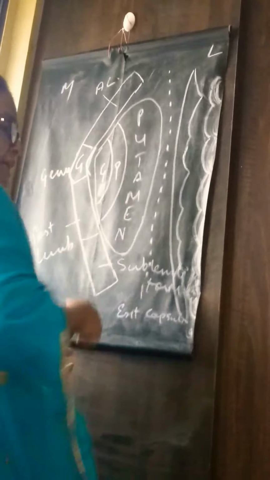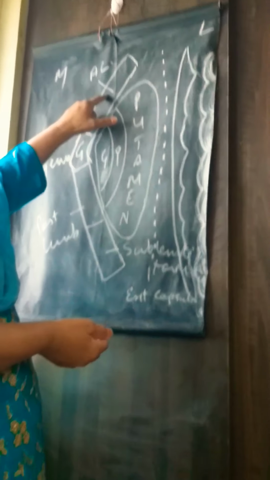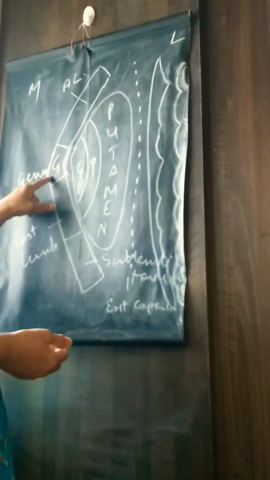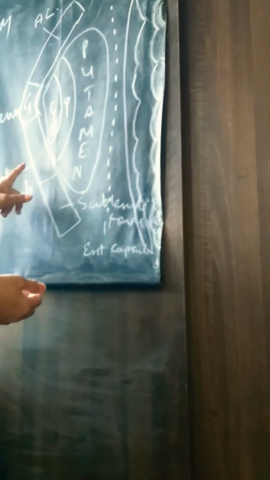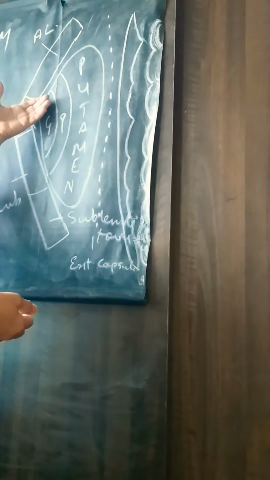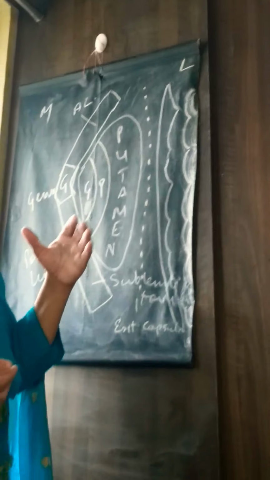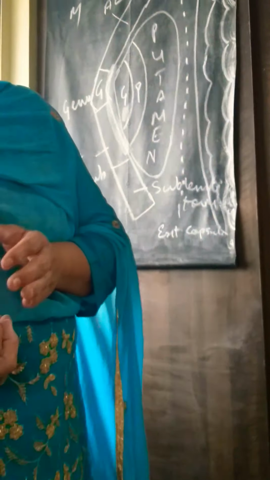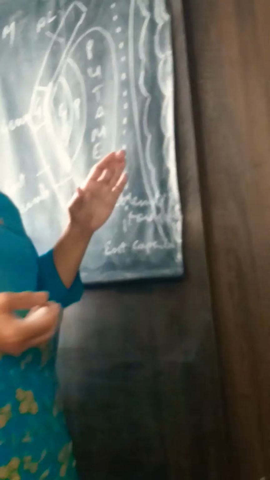So the parts of the internal capsule are the anterior limb, the genu, the posterior limb, the sublentiform part, and behind this is the retrolentiform part of the internal capsule. Some portion of the internal capsule lies behind the lentiform nucleus, and that is called the retrolentiform.